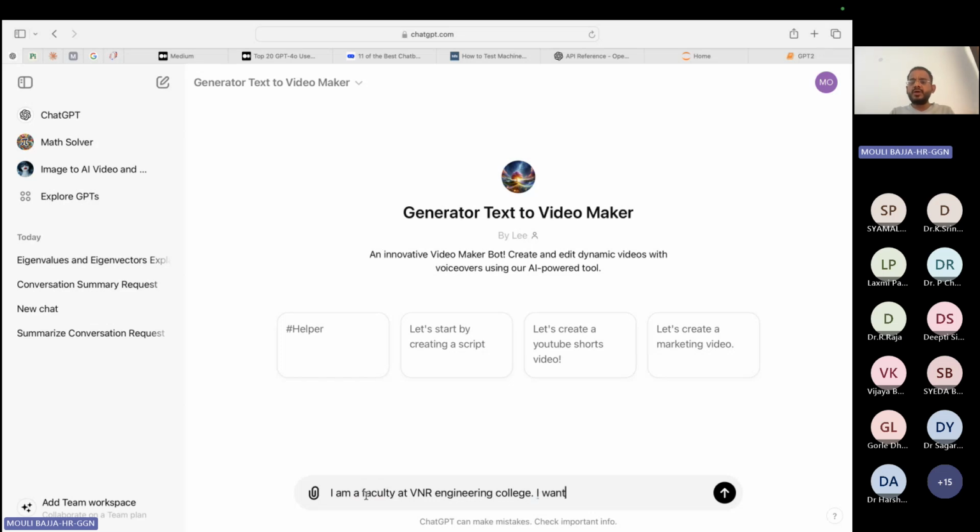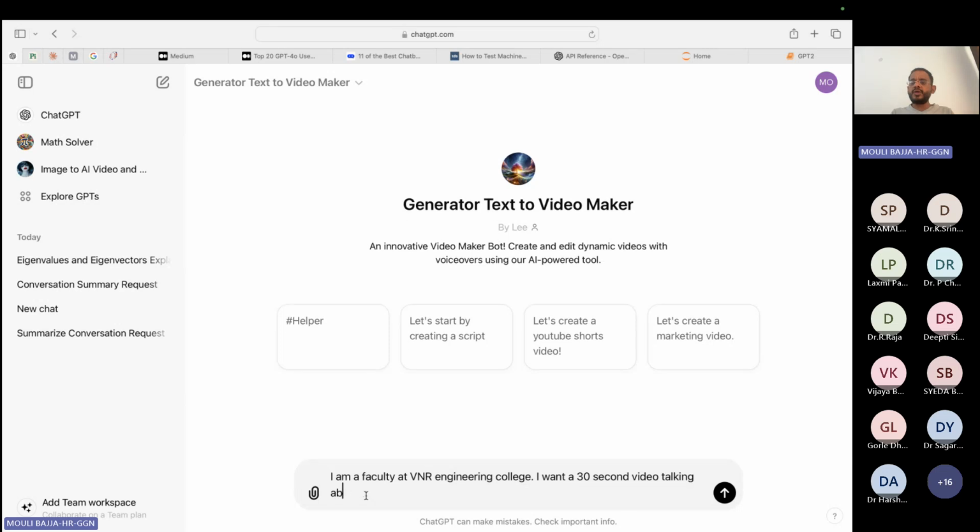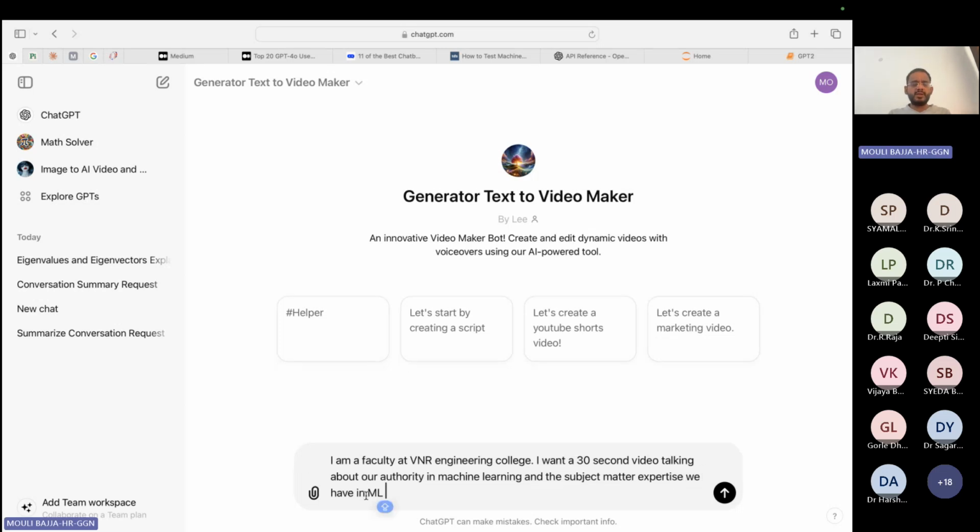I want a 30-second video talking about our authority in machine learning and the subject matter expertise we have in the ML discipline and consulting.